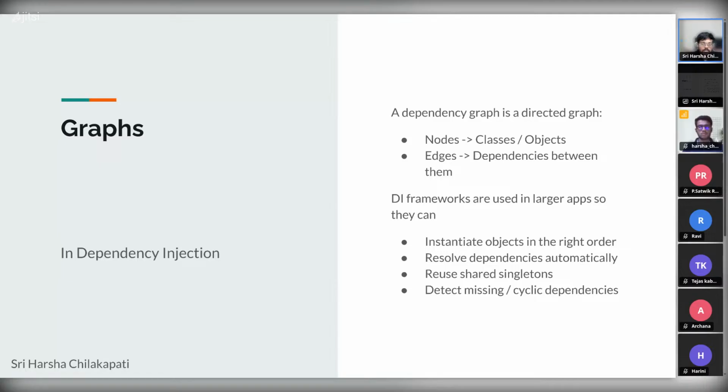DI frameworks can help you with that, and they can also help you with detecting missing or cyclic dependencies. Missing or cyclic dependencies are a huge problem, which on large apps keep occurring from time to time, and DI frameworks make it very easy to figure them out.